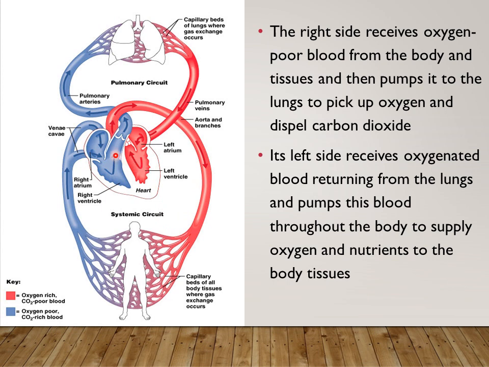It has a right heart, which includes the right atrium and the right ventricle, and the left heart, including the left atrium and the left ventricle. The right heart is associated with very poorly oxygenated blood, so it receives venous blood, and the left heart has to deal with the oxygenated blood, and that is the arterial side of the heart.